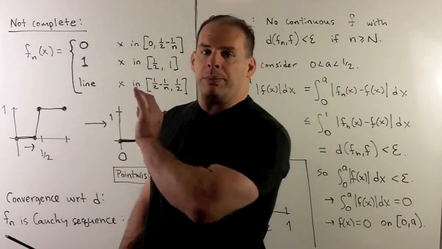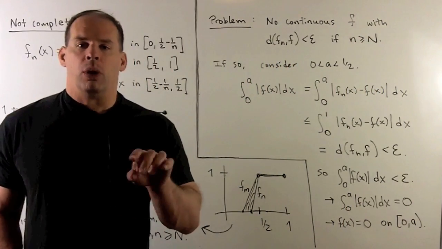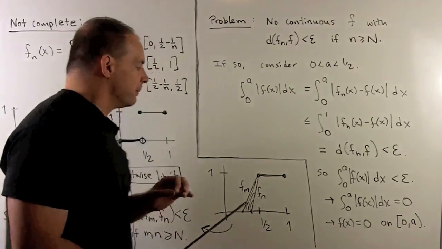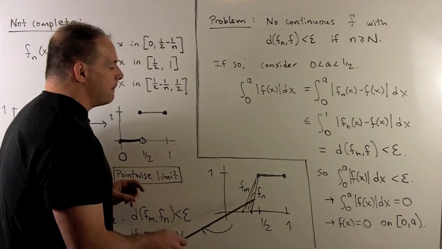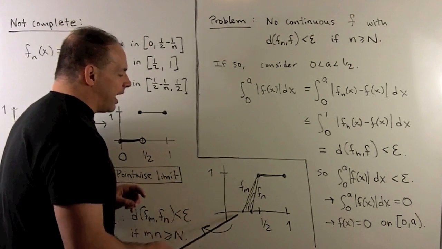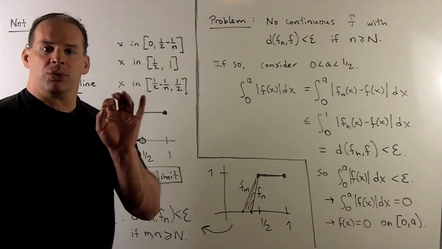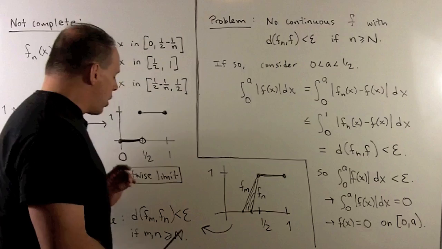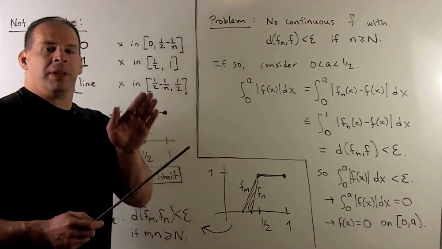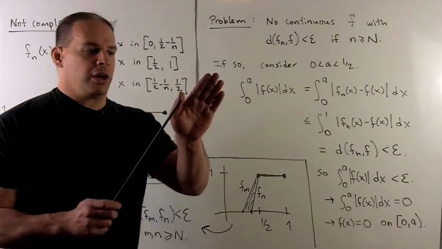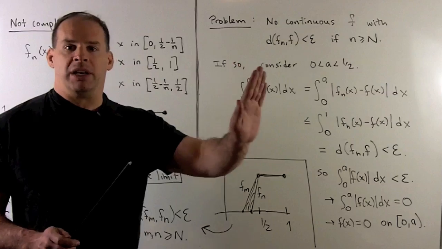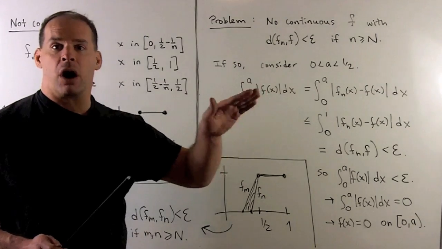For these types of functions, what's the area between two of them? If I sketch an f sub m and an f sub n, that's going to be the area of this sliver here. So, not too tough to reason out. As we let our capital N get larger and larger, these slivers are going to get thinner and thinner, and they'll be thin as I measure between any two f's that are far out.